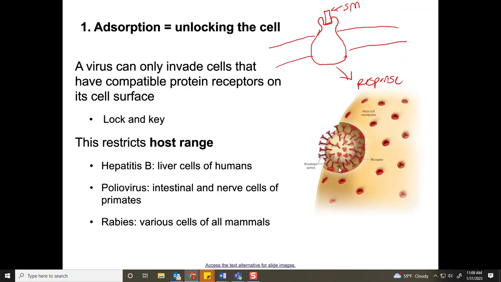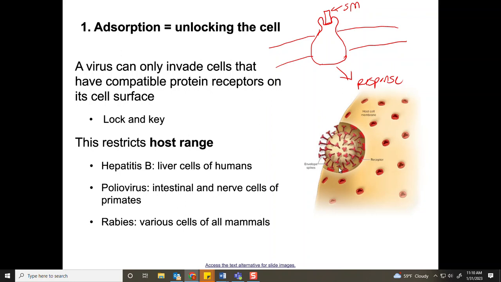And again, we need to make sure that we reiterate some information that is relevant to this. Not all cells have the same pattern of receptor proteins. For example, your red blood cells are going to have a different pattern of proteins embedded in the plasma membrane compared to your immune system cells. So that restricts the host range.